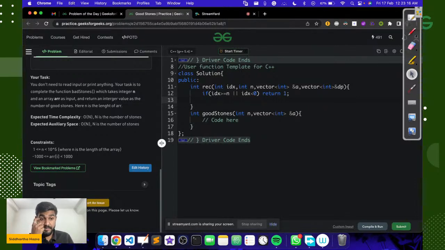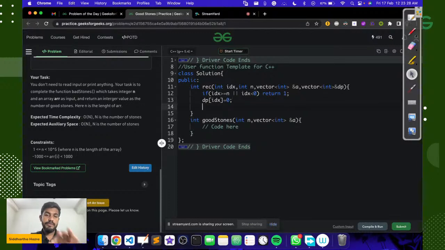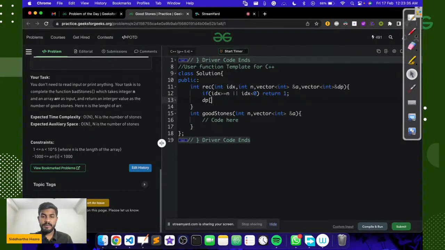Now just see. First this element needs to be processed. First we would process this. We would take an int array, dp of idx. This is just like a visited array.